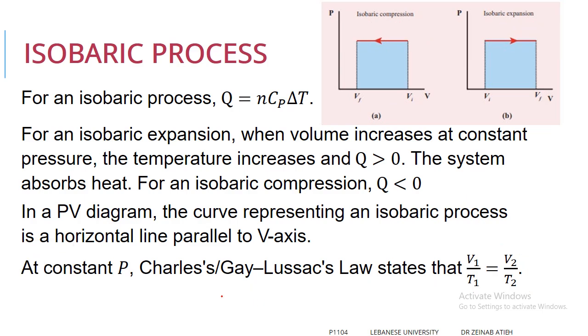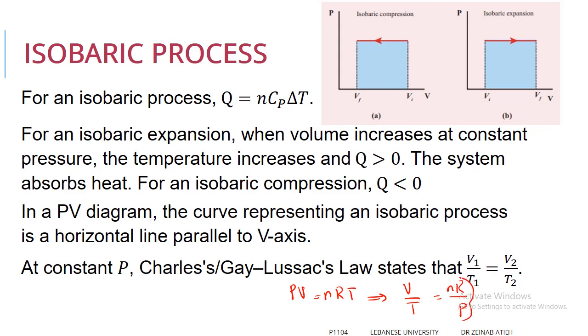I will rewrite it again. So PV is equal to nRT. I will get V over T equal to nR over P.